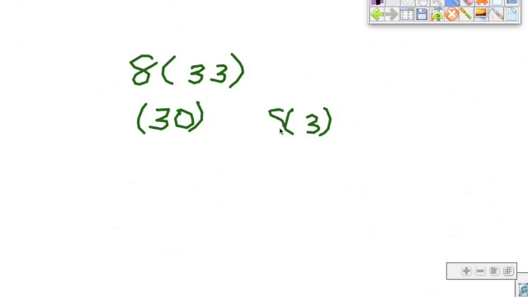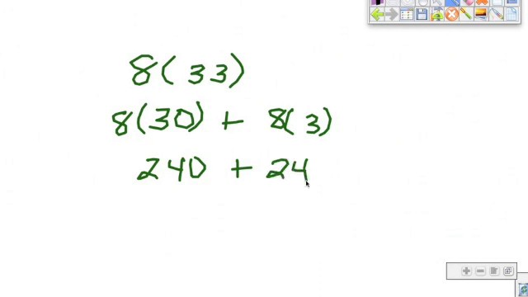So if I multiply 8 by both of them and add them together, I'll get the same answer. So 8 times 30 I know is 240, because 8 times 3 is 24, and then add the 0. Plus, again, 8 times 3 is 24. And then adding those two together, I get 264. All right, so using the distributive property can help you along a little bit.